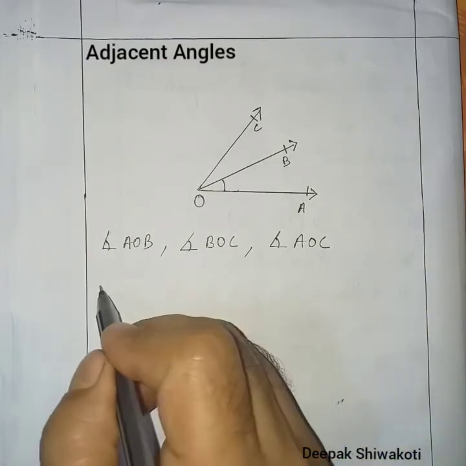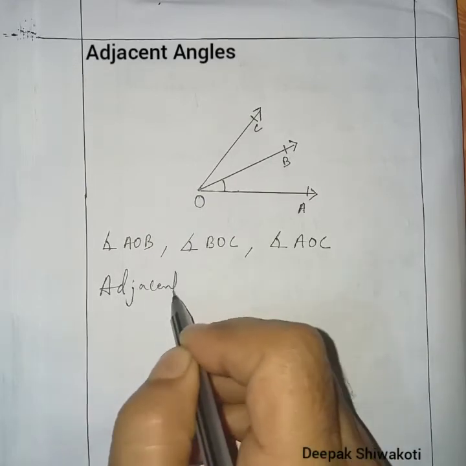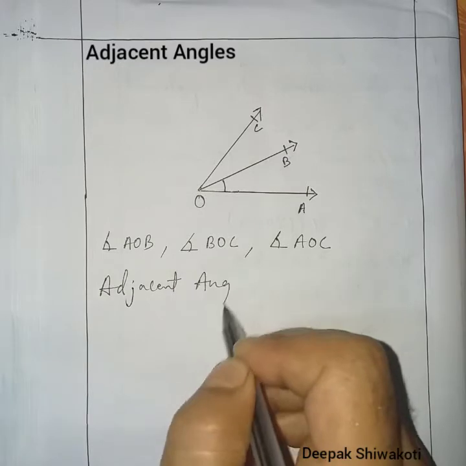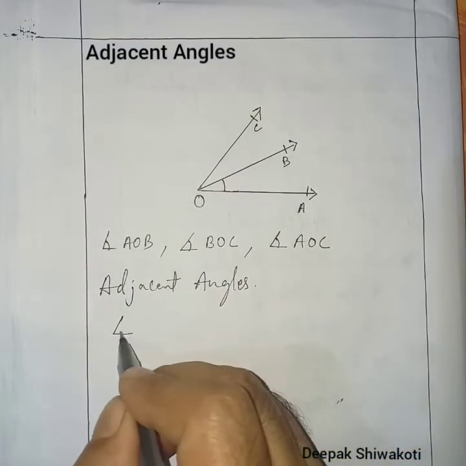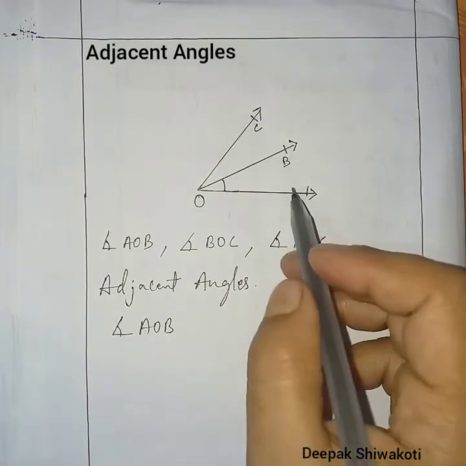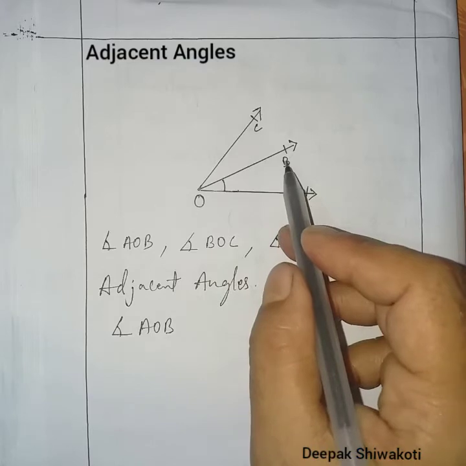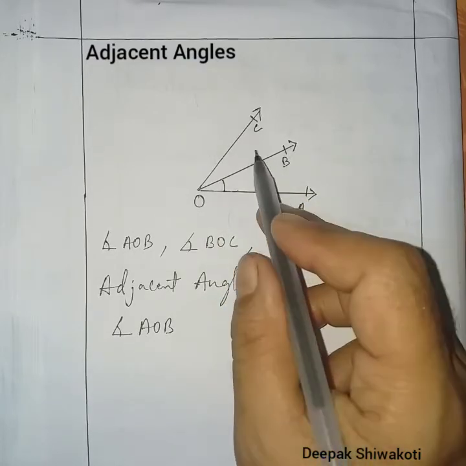So here adjacent angles. Okay, so here angle AOB is adjacent to angle BOC. That means it is just after this.